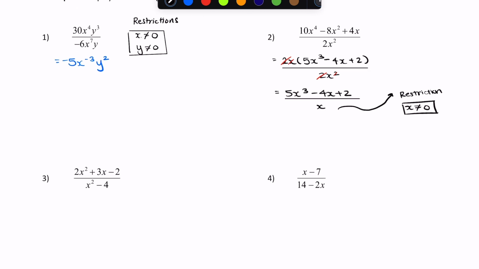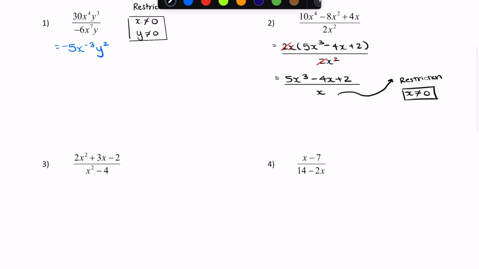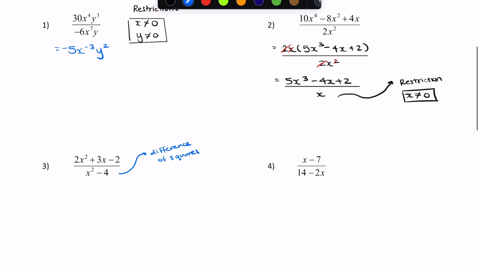Okay, let's continue with this third example here. We have 2x squared plus 3x minus 2 over x squared minus 4. If you look at the bottom, you can recognize that this is going to be a difference of squares. Here are three steps that we want to do.